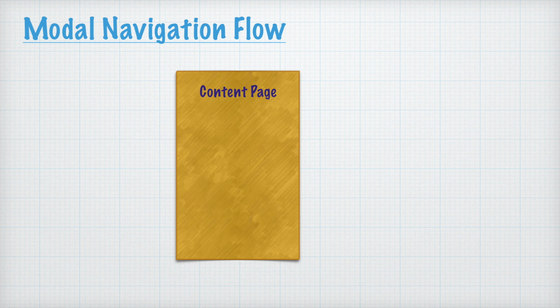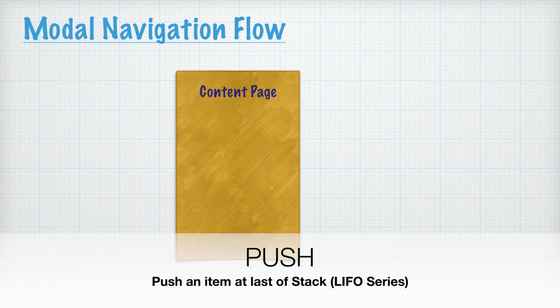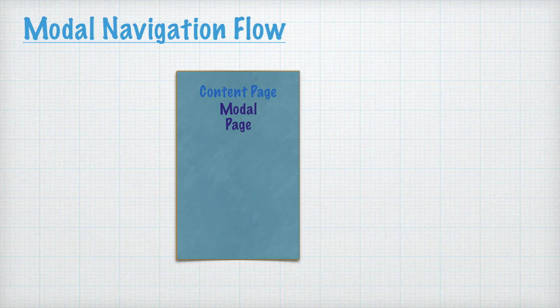So the way modal navigation works, on the current content page we push a modal which contains a page, or any kind of page. Usually we use a content page. It takes the entire part of the current screen, and now if we are done doing whatever we need to do on that, usually we display a message or take some information or say thank you on these kinds of screens, and somebody clicks OK.